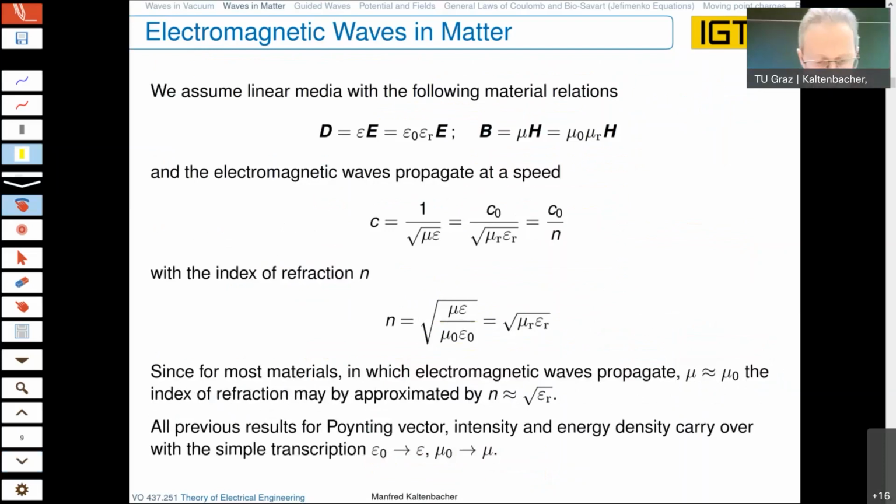So if we are in any linear media, with this index 0, that was always the indication that we are within vacuum.